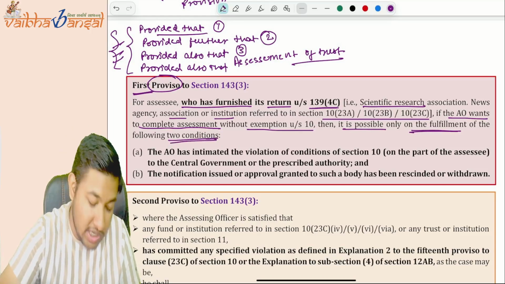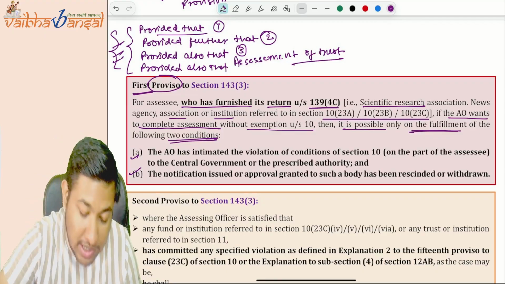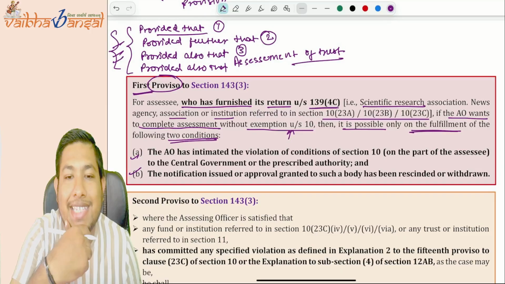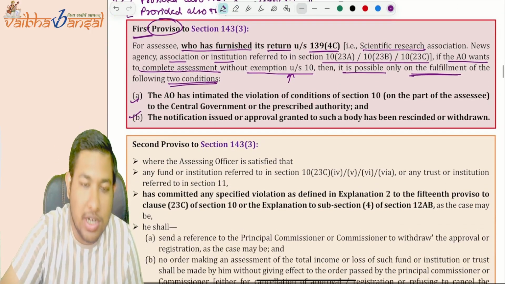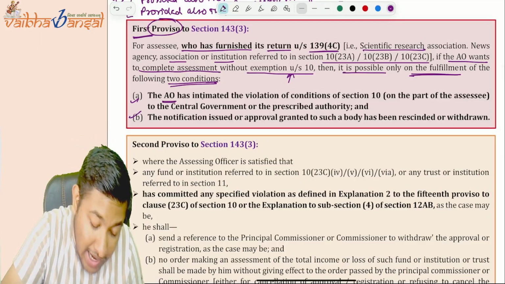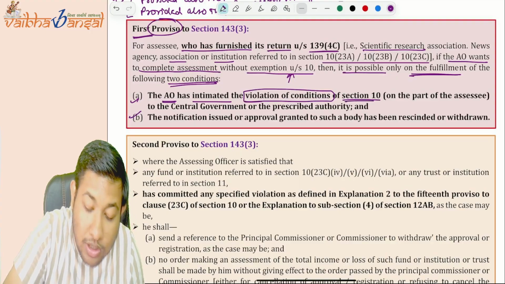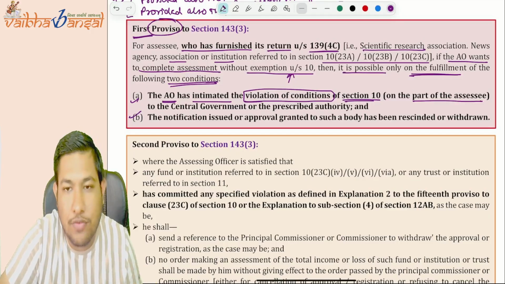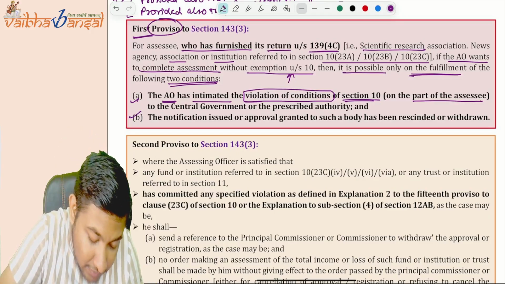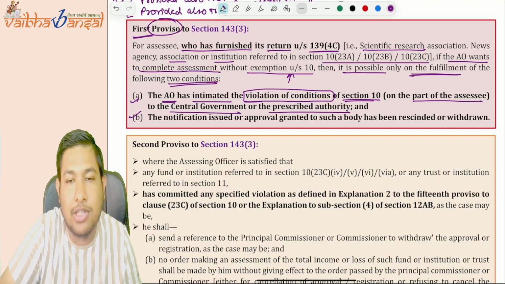If these two conditions are fulfilled, then the AO will complete the assessment and will not give you the exemption under section 10. What are those conditions? If the AO has intimated the violation of conditions of section 10 on the part of the assessee, if the assessee has violated any of the conditions of section 10, then the AO will intimate the Central Government and the prescribed authority.